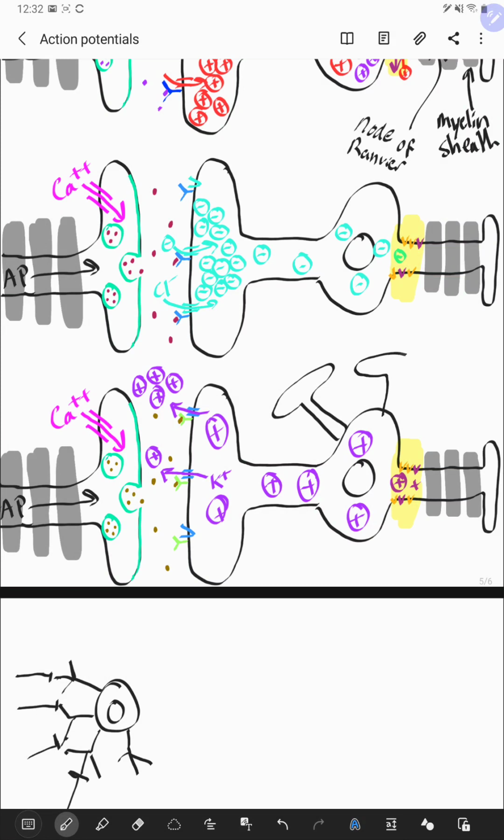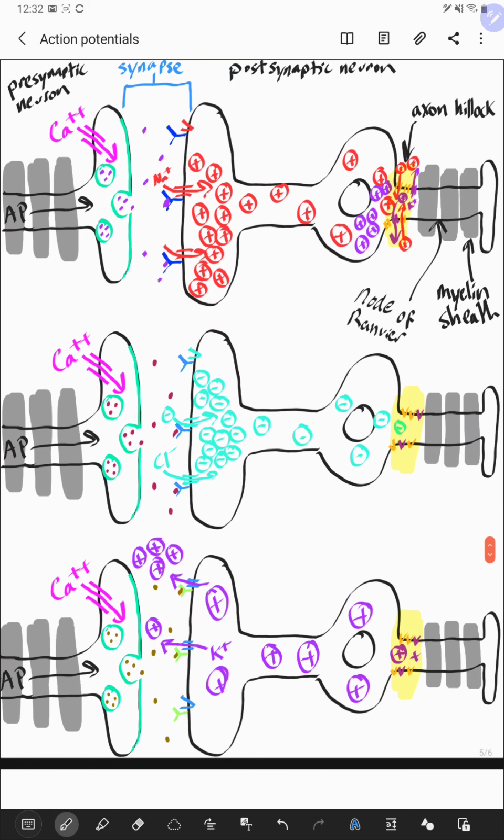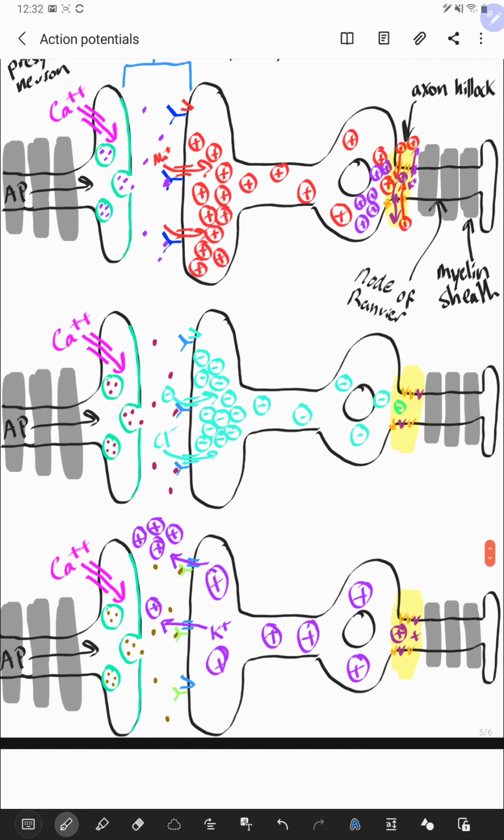There's other ones here that are going to attach to other presynaptic neurons. And the fact that multiple of them are connected at once means that sometimes we might get an excitatory response and an inhibitory response at the same time.